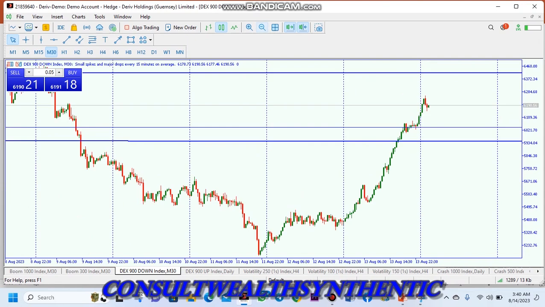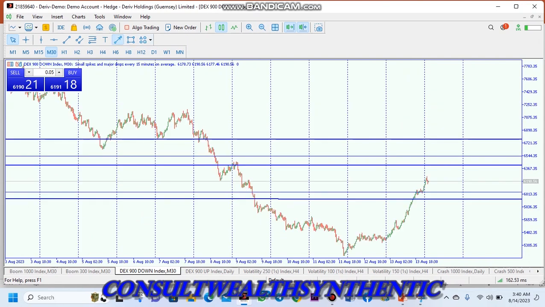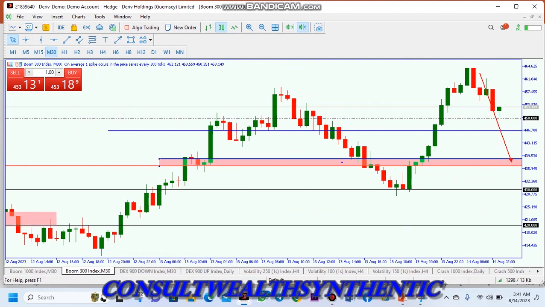So you want to see something like this, then a short sell, a long buy, then a continuation sell. So that's for DEX 900. We see this pull up from this level.